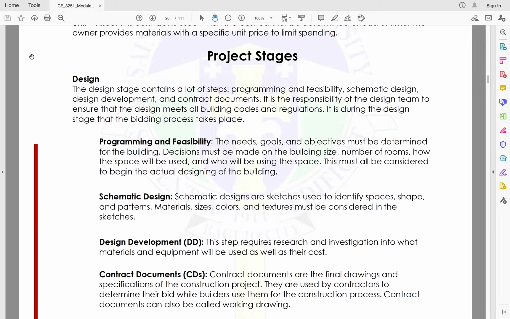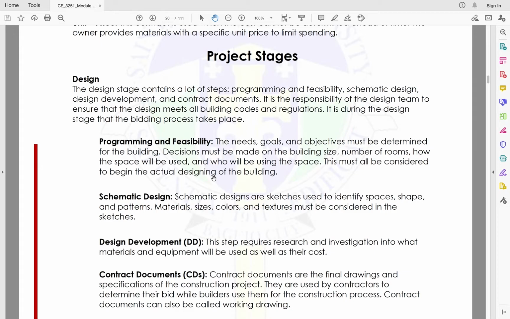Okay? Programming and feasibility. So the needs, goals, and objectives must be determined for the building. Decisions must be made on the building size, number of rooms, how the space would be used, and who will be using the space. So this must all be considered to begin the actual design of the building. Though more or less, if it is a residential, it is the decision of the owner.